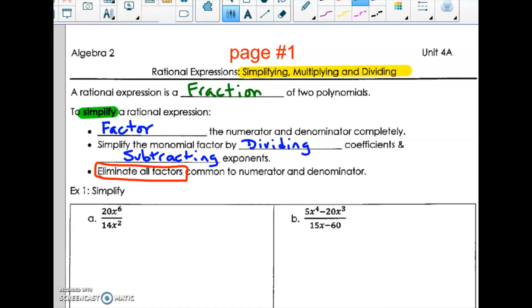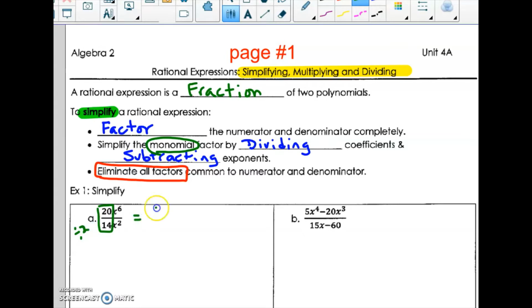As we look at A, they're already monomials. So it says simplify the monomials by dividing. We can divide a common factor out of 20 and 14. We're going to divide by 2.